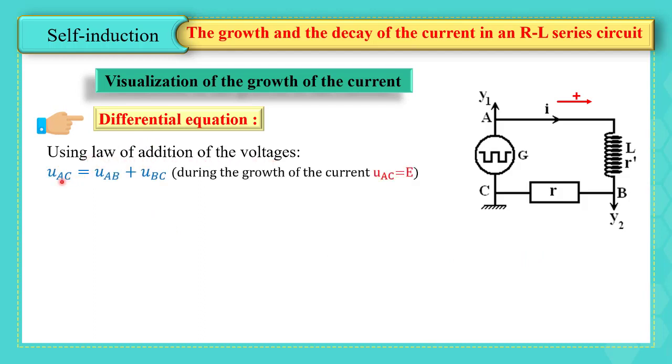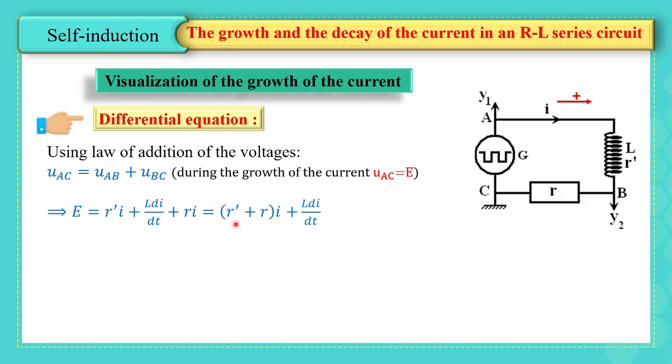Now, in order to obtain the differential equation, we will use the law of addition of voltages. As we know, UAC equals UAB, which is the voltage across the coil, plus UBC, which is the voltage across the resistor. Note that during the growth of the current, the voltage across the generator UAC is equal to E. So E equals r i plus L di over dt, which is the voltage across the coil, plus R i, which is the voltage across the resistor according to Ohm's law.